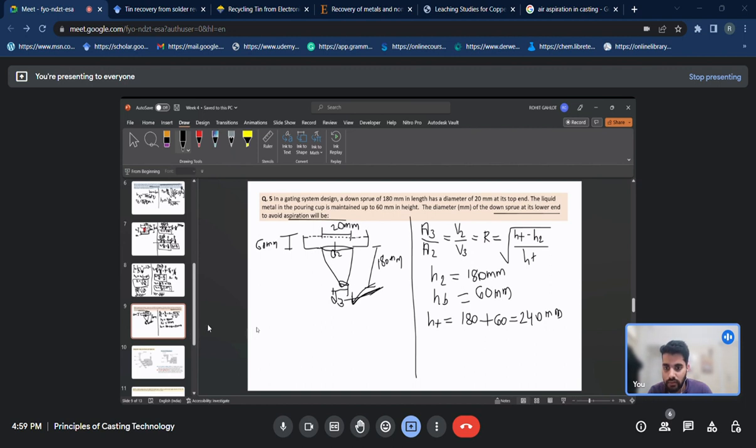Now if we calculate, A3 by A2 we can write as D3 by D2 whole squared, and this will be equal to V2 by V3.